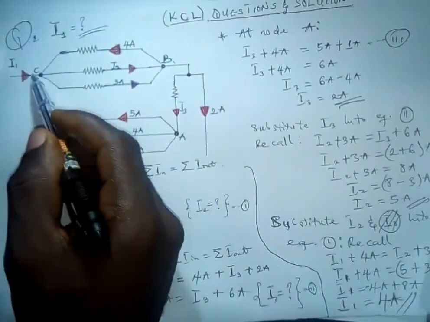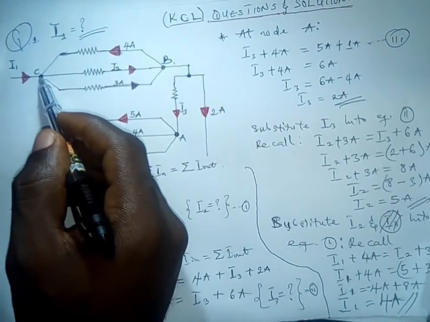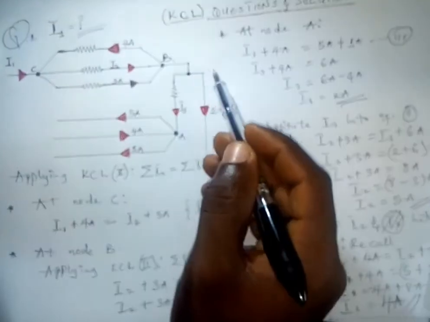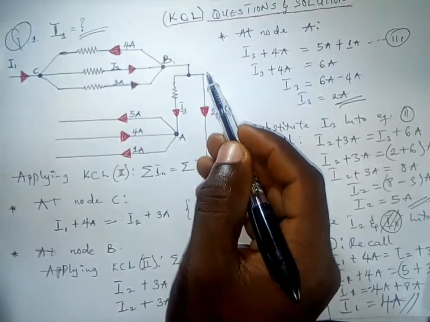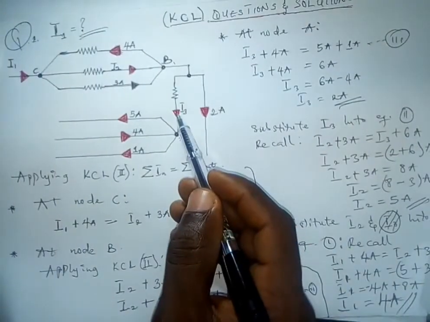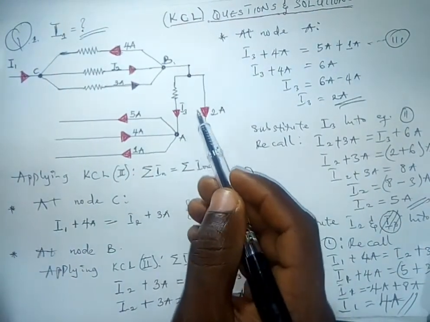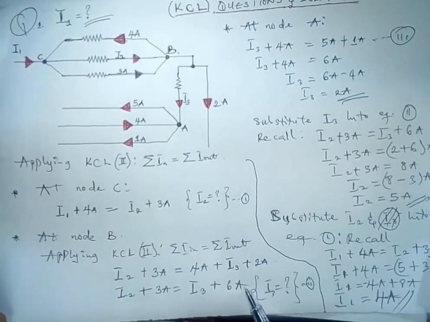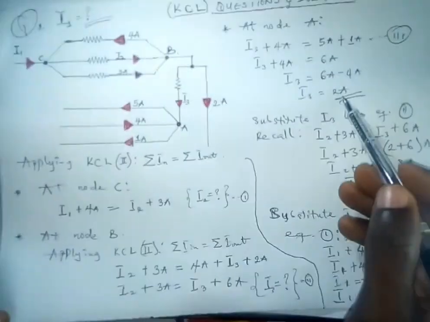A is the node that enters this circuit, while B is the node that leads to the exit of this circuit. We only have two currents that leave: I3 and 2 ampere. By the time we calculated I3, we got 2 ampere.